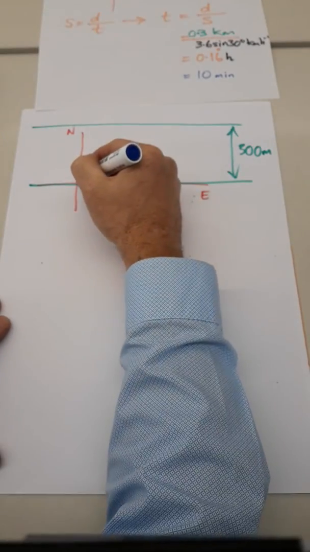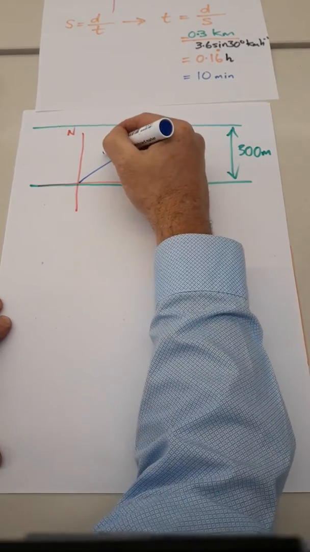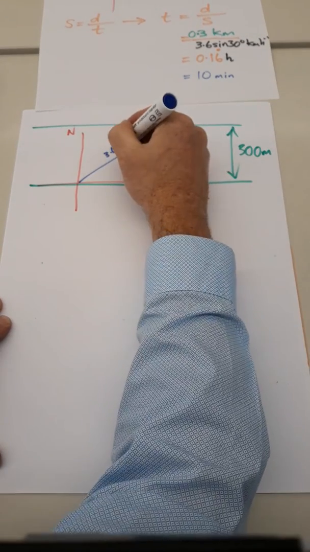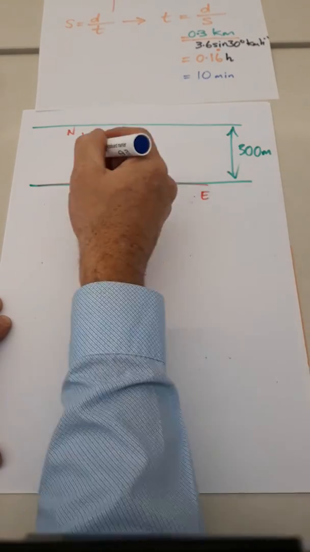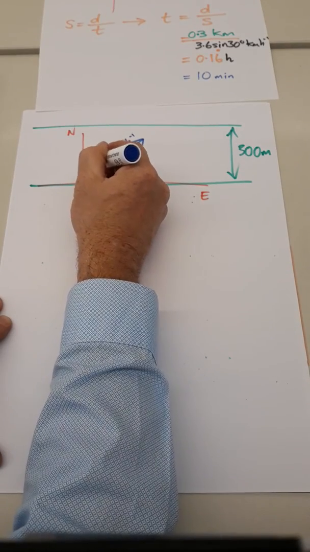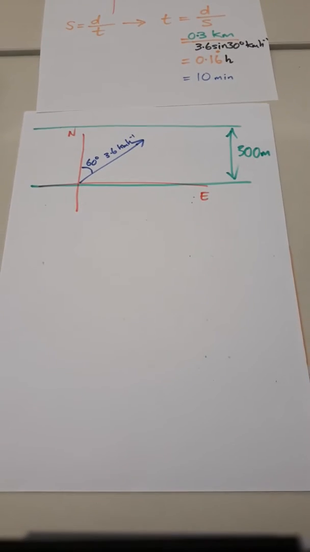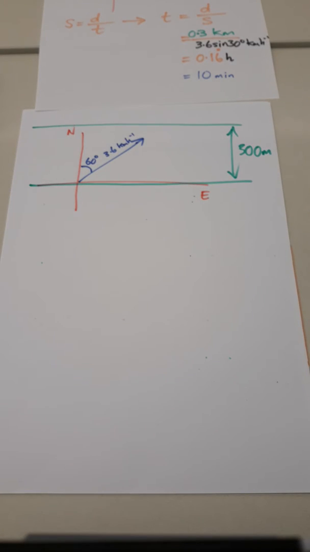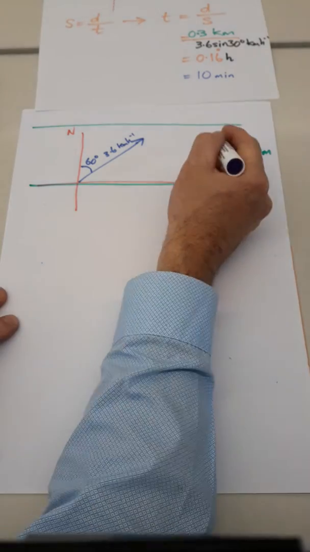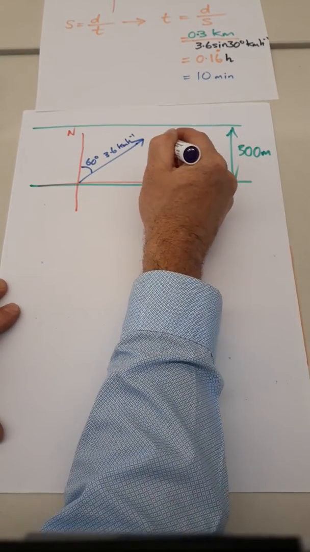The guy always swims in that direction at 3.6 kilometres per hour. He's always swimming in a north 60 degrees east direction. But now what happens is we have a river flow. The water is flowing that way.